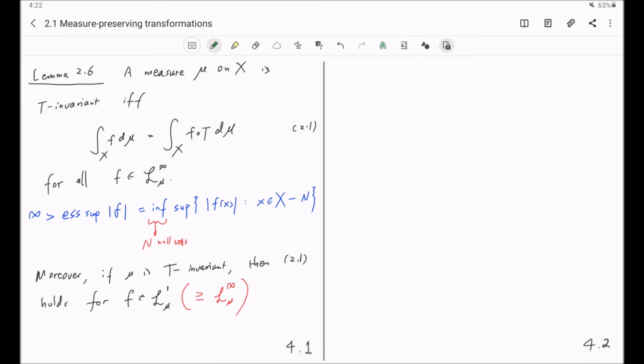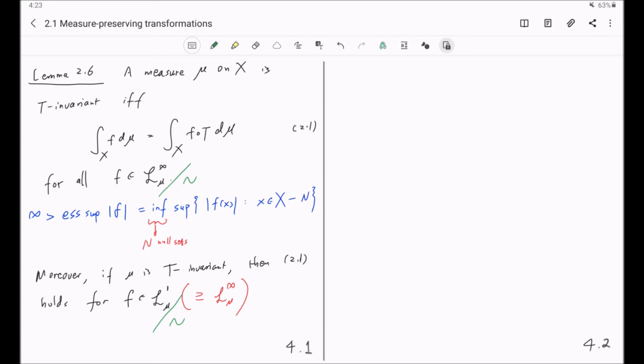And remember, in measure theory, sometimes we'll identify functions. In measure theory or functional analysis, when considering this space, you usually put an equivalence relation in here to identify functions that only differ on a set of measure 0.